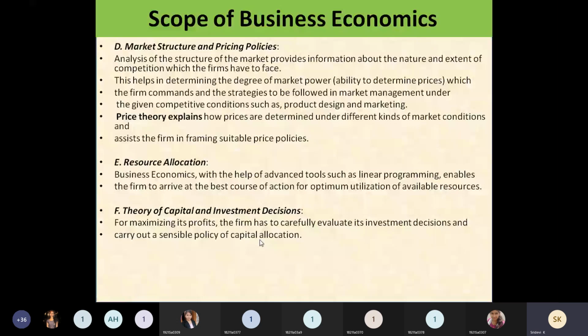By using capital budgeting techniques, we can decide whether to invest that amount or not. There are modern techniques and traditional techniques; how to utilize these techniques we will discuss in this investment decision theory.